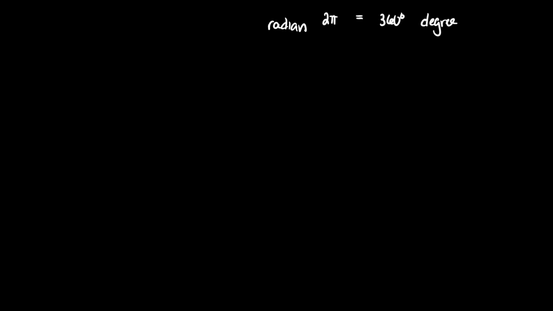In fact, that would be your conversion fact. Obviously, this conversion fact could also be written as pi is equal to 180 degrees by just dividing by 2. But it comes from the fact that if you go around the entire circle, you have gone around 360 degrees. Now, the 2 pi, mind you, comes from something else.